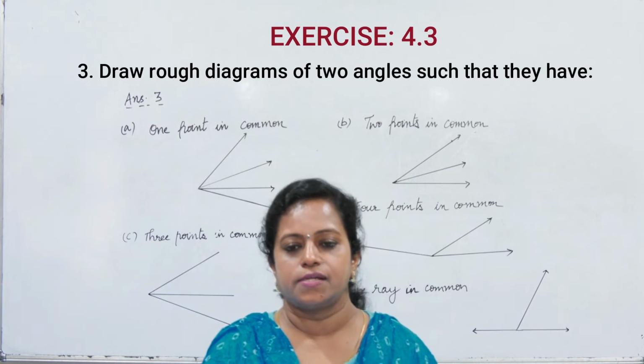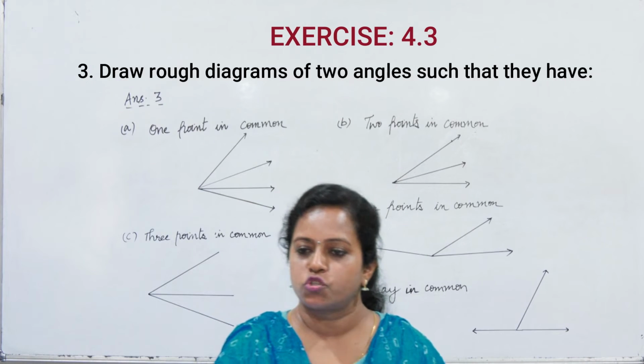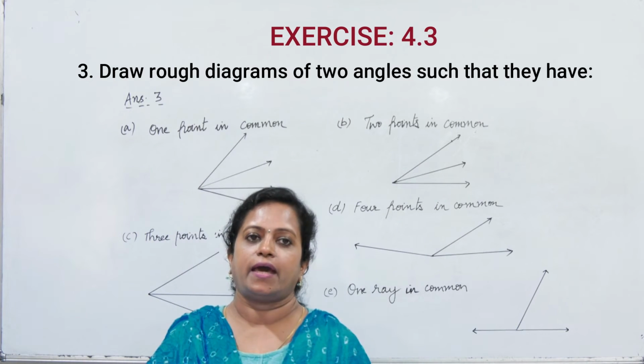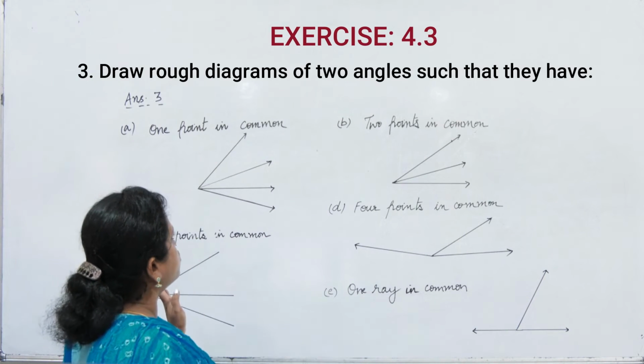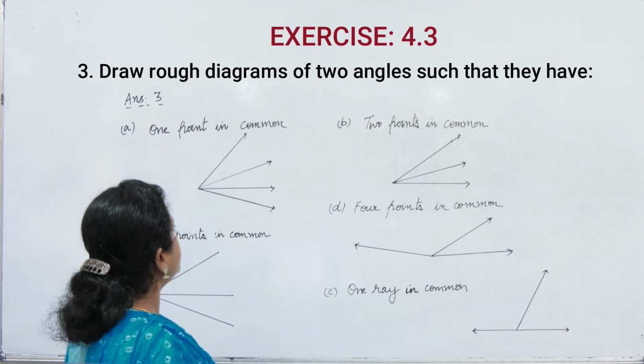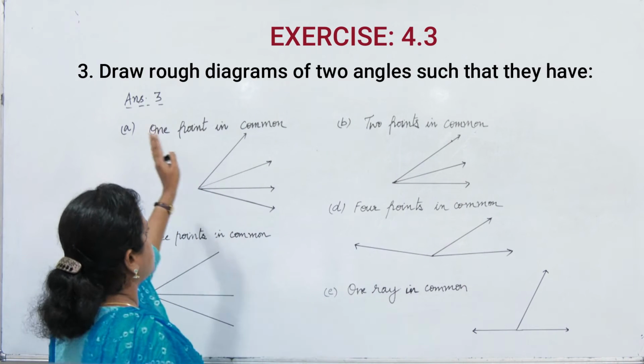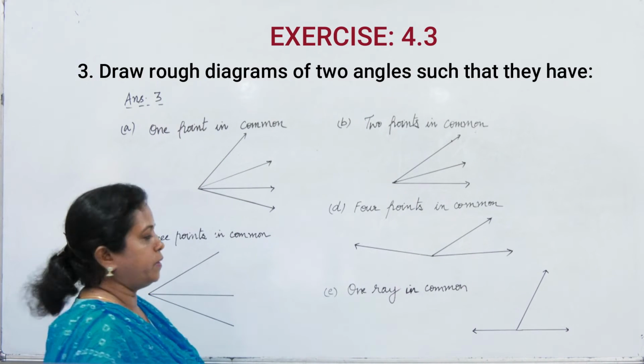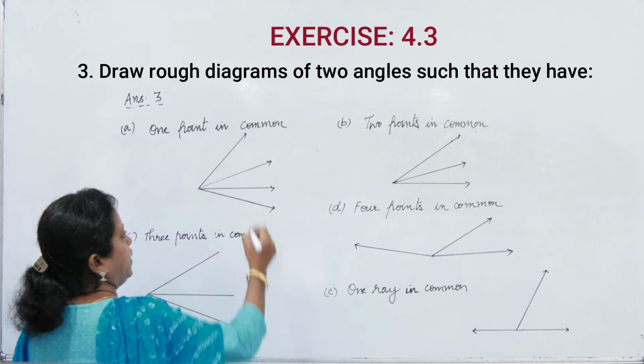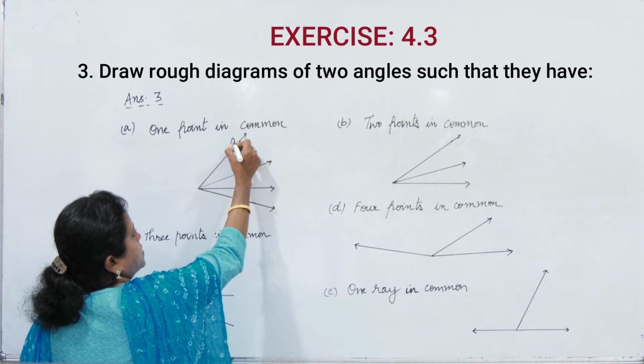Question number 3 is, draw rough diagrams of 2 angles such that they have, and here the options are mentioned. You have to draw the diagrams such that 2 angles have one point in common. So here I have made some rays. Now we will name these points.